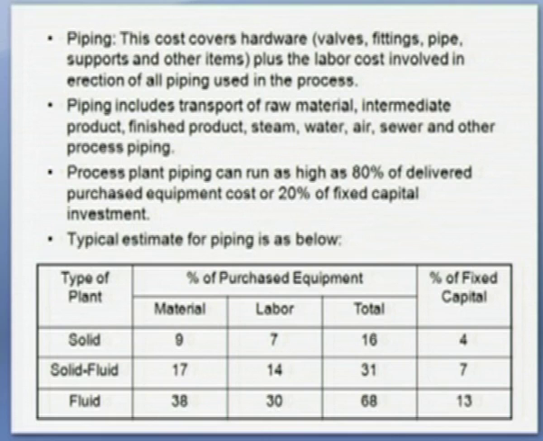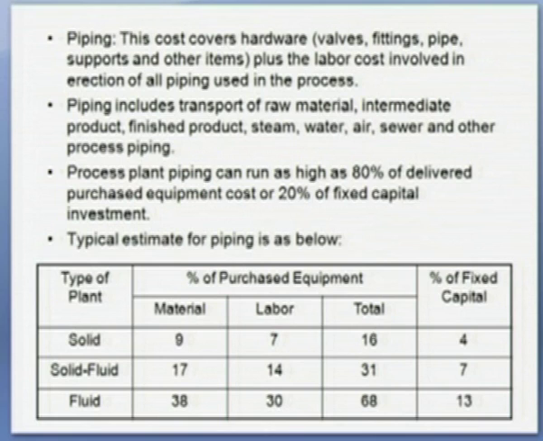Process plant piping can run as high as 80% of the delivered purchase equipment cost or 20% of the fixed capital investment. Now I have listed here some typical estimates for a plant handling only solid material. The piping cost as a percentage of purchased equipment: for material it is 9%, labor cost 7%, so total 16%.